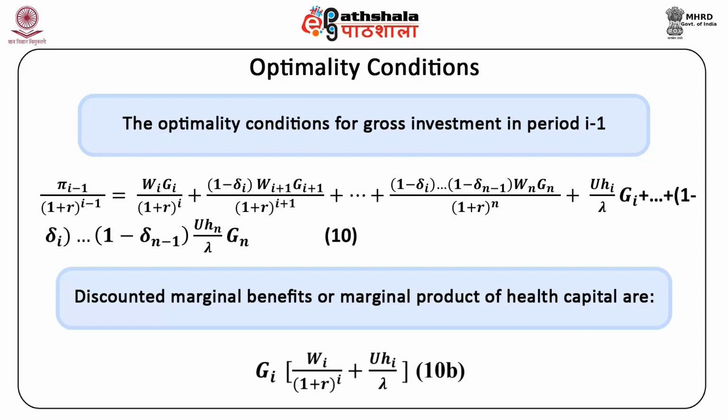Basically, consumers desire health for market activities and non market activities as appeared in their utility function. To convert marginal products into value terms, their monetary value is expressed with wages and money value of utility. So, by converting to value terms, we obtain the discounted marginal value to consumers of the output produced by health capital.